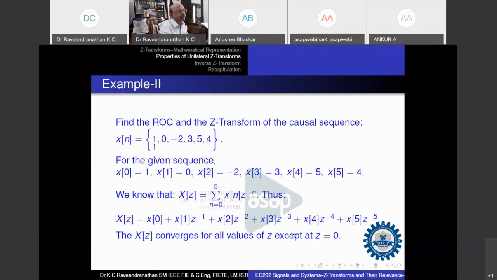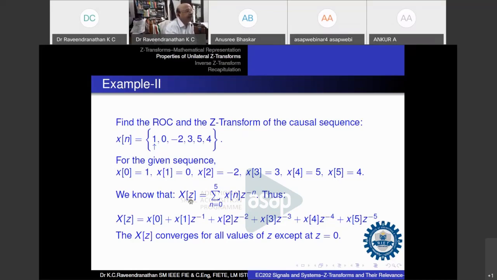Let us consider another example where the region of convergence and the transform of a causal sequence are obtained. This is delta n minus 2 delta n minus 2, 3 delta n minus 4, 5 delta n minus 5, and so on, right? So this sequence can be represented as x of 0, 1, x of 1, 0, and so on.